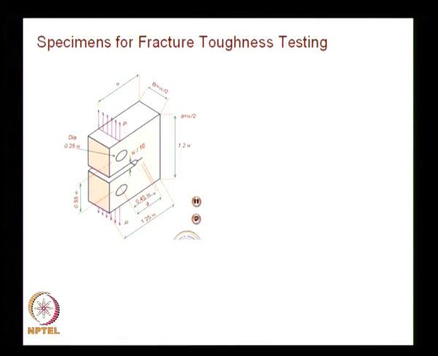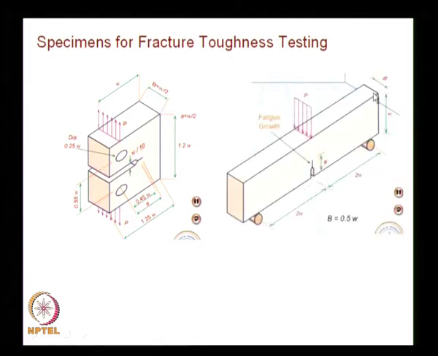Is a compact tension specimen really compact? Yeah. What are the specimens that we have looked at for fracture toughness testing? We have seen a compact tension specimen. We have also seen a 3-point bend specimen, and I had mentioned the 3-point bend specimen is the simplest one to fabricate.